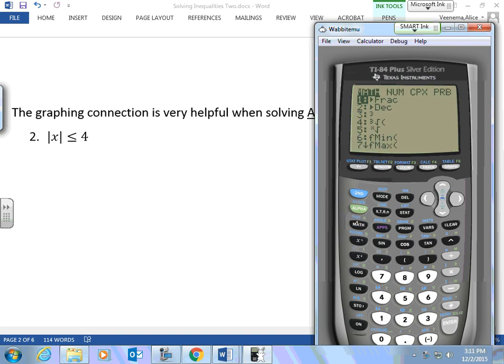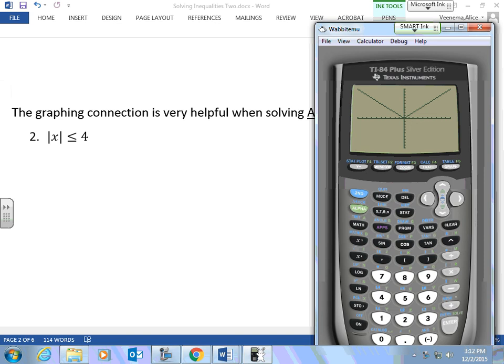So remember that's math and going across to num, and number 1 is the absolute value. So the absolute value of x, close the bracket. So let's graph that.